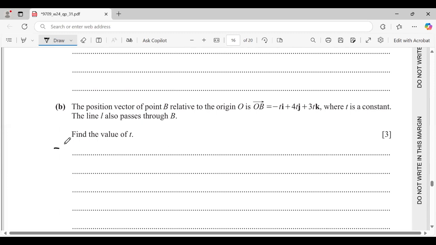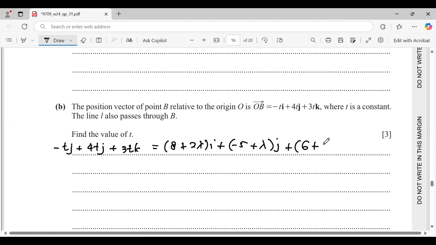So minus ti plus 4tj plus 3tk is equal, based on our previous solution, to 8 plus 2 lambda i, minus 5 plus lambda j, plus 6 plus 4 lambda k.